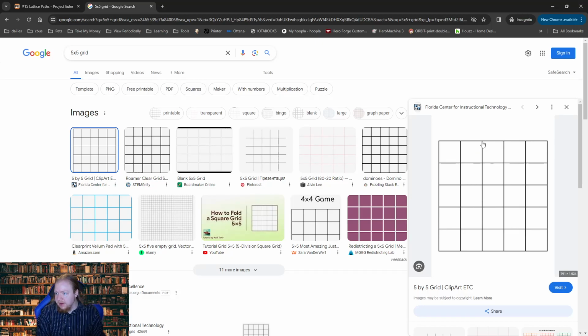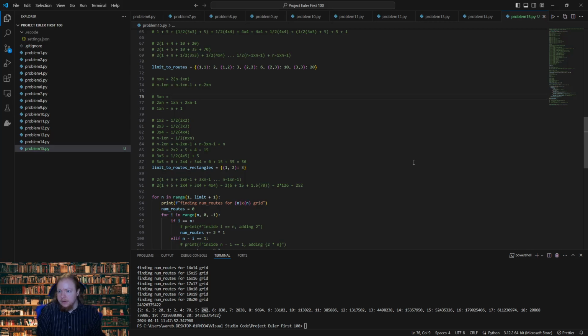So 3 by 5 is equal to 2 by 5 plus 3 by 4. So 2 by n plus 3 by n minus 1. And then dot dot dot is in between here.